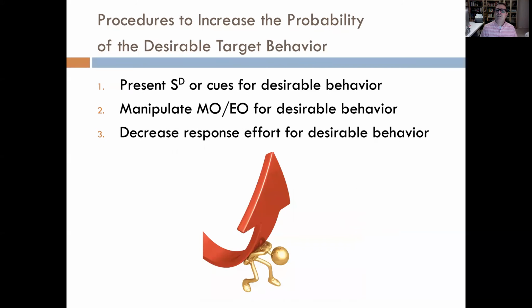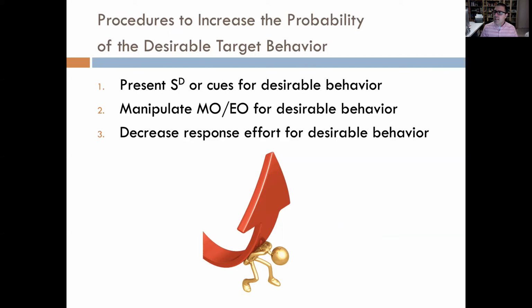I'm going to talk about manipulation of discriminative stimuli or cues, manipulation of motivating operations, and manipulation of effort. You can manipulate discriminative stimuli to both get the problem behavior to decrease and the appropriate behavior to increase, and the same is true for manipulating motivating operations and response effort.